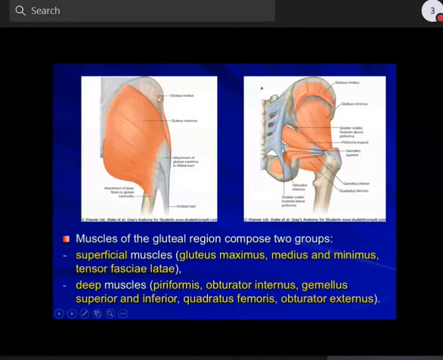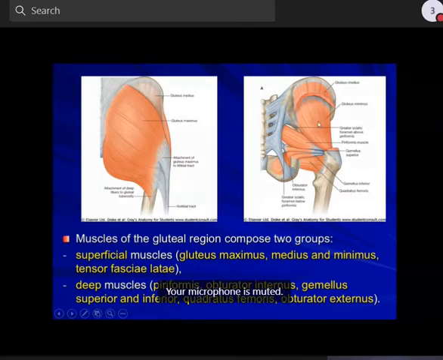In the gluteal region, we can distinguish 3 gluteal muscles that are superficial. So the strongest one, gluteus maximus. Deeper to it, gluteus medius.